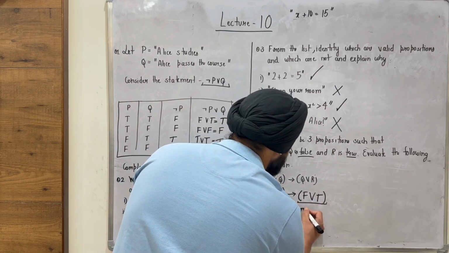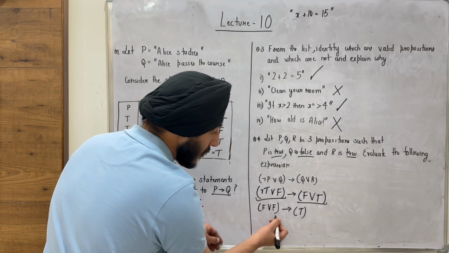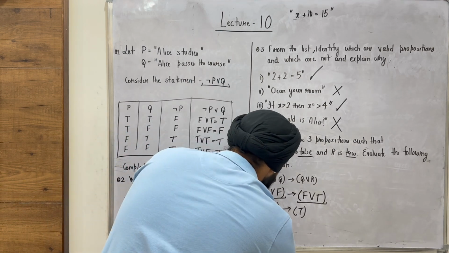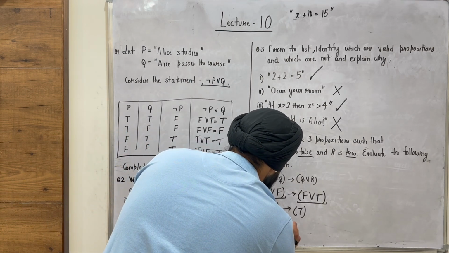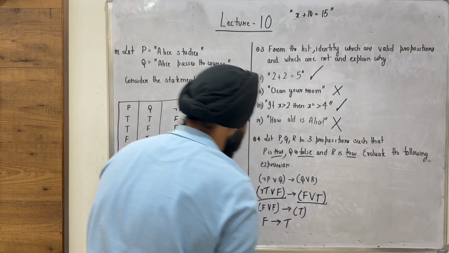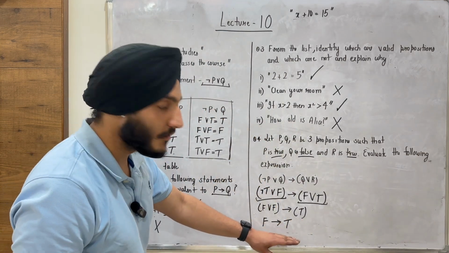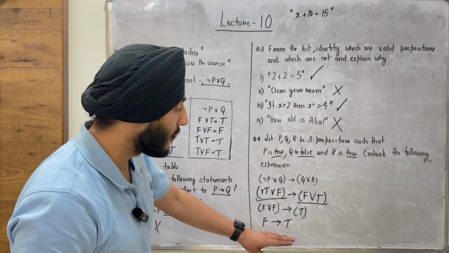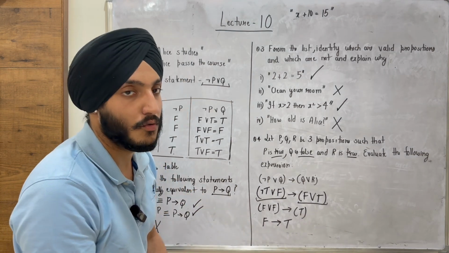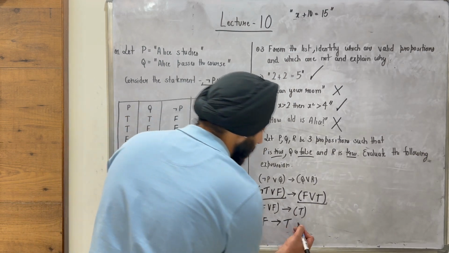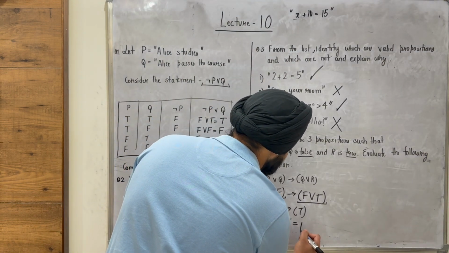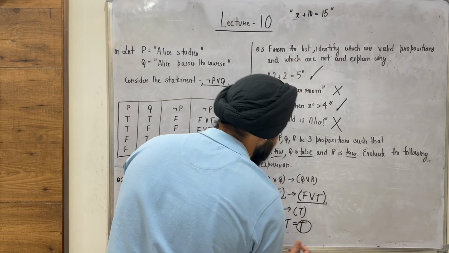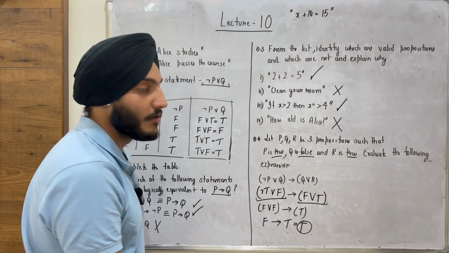False or false basically means false, and false or true means true. So this means false implies true. And if you remember from the truth table of the conditional statement, if the left condition is false, then we don't care whether the right condition is true or not. So in this case, this is going to be true. The final answer is true.